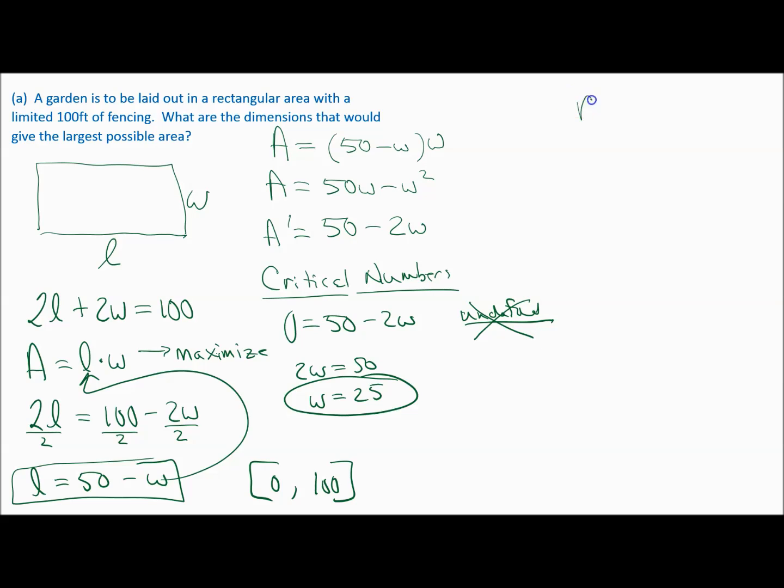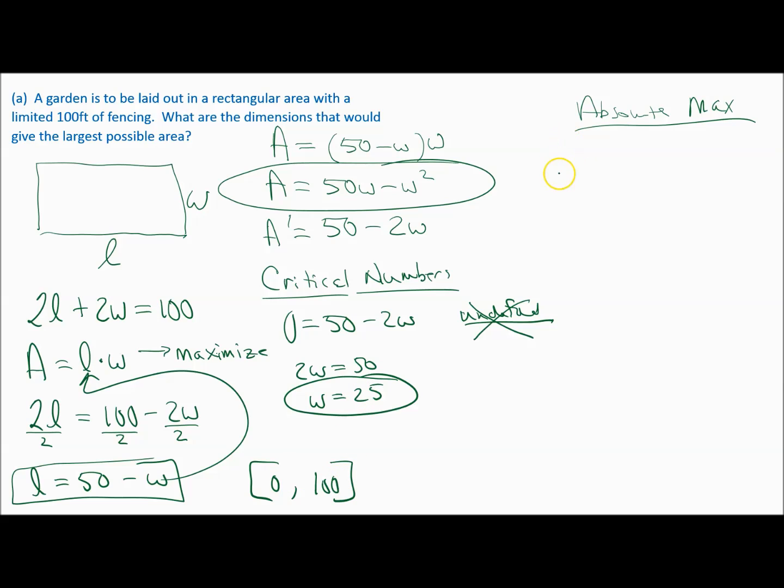Now, we actually have some endpoints for this particular problem. So we're trying to find the absolute maximum. So to do that, I take my endpoints and plug them into my maximize-minimize equation. So to find the absolute max or the absolute min, you take our endpoints and our critical number.